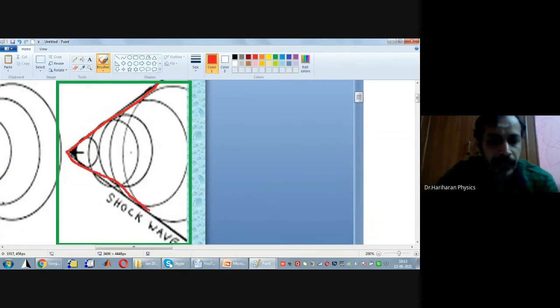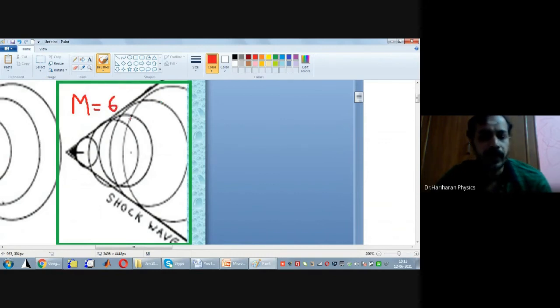On the other hand, if the Mach number happens to be greater than 5, in that case, the locus of direct common tangent is going to be a hyperbola.